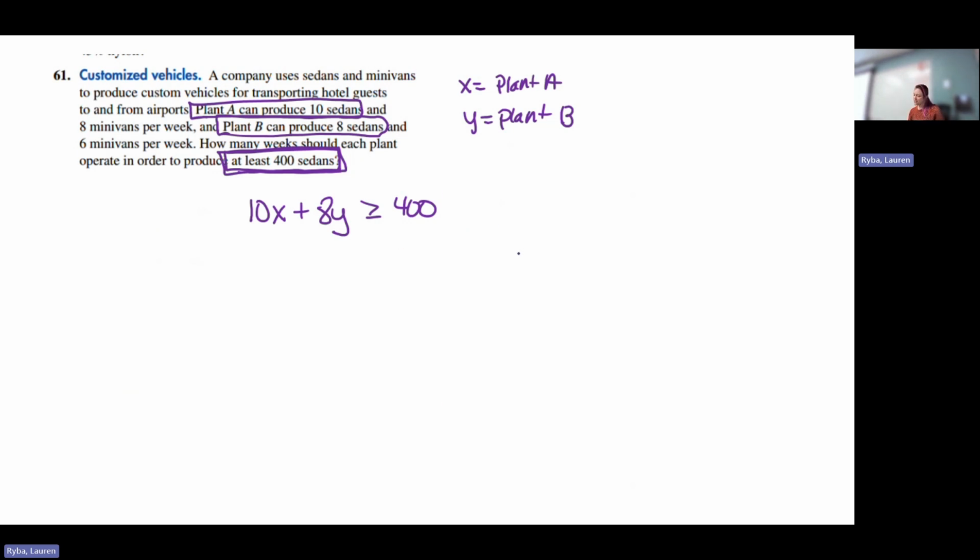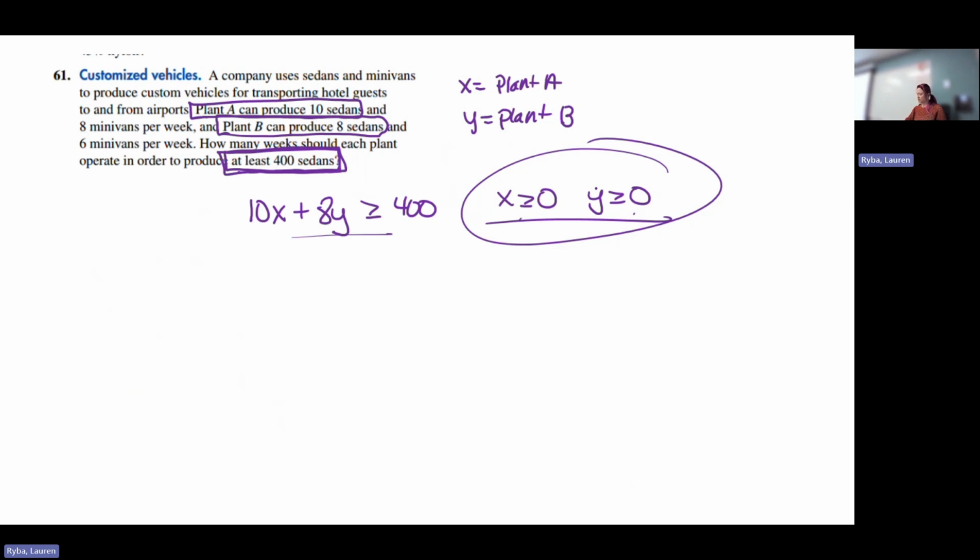All right, because again, we are working with real world values. X must be greater than or equal to 0, Y greater than or equal to 0. Anytime you are working with real world, if you do not write these, that is immediately 2 points wrong. 1 point, 2 point, 3 point. Okay, any real world problem, get in the habit of writing those out.